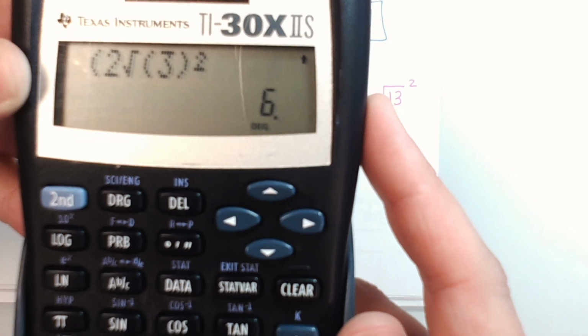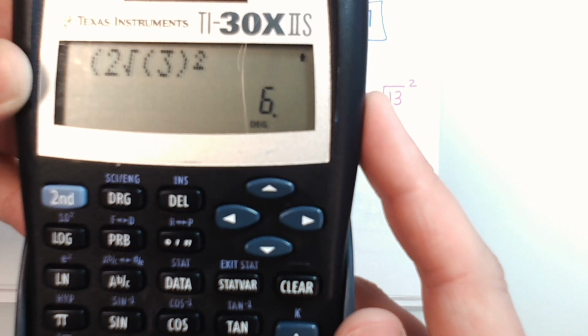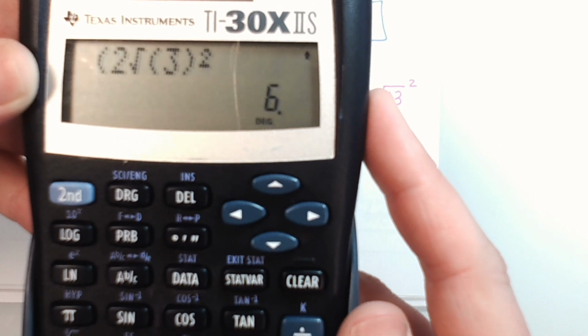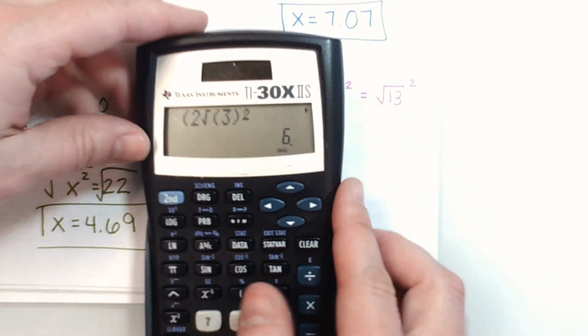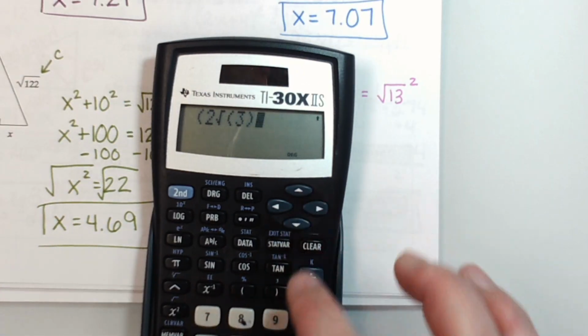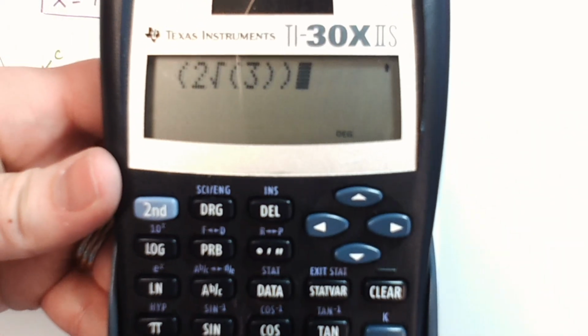How many open parentheses are there? Look again, not 1, 2. Which means you need to close both sets of parentheses before you square it.